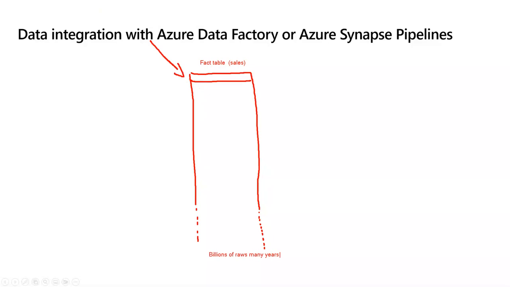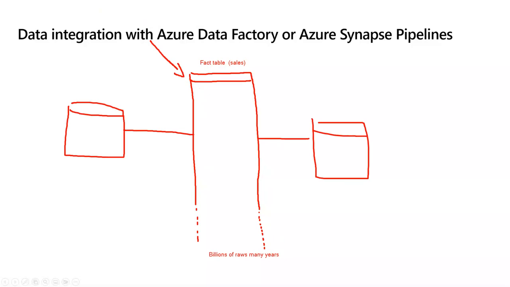It can quickly become a big fact table with billions of rows. And this table will be linked, there will be a relationship with what we call dimension tables.